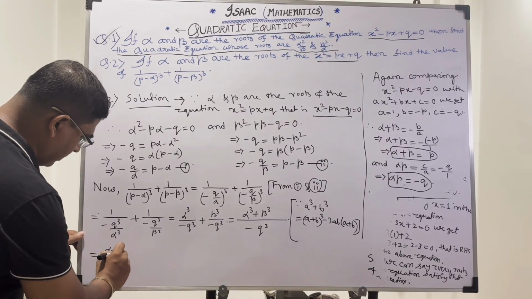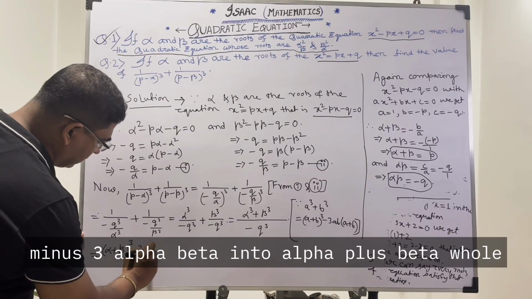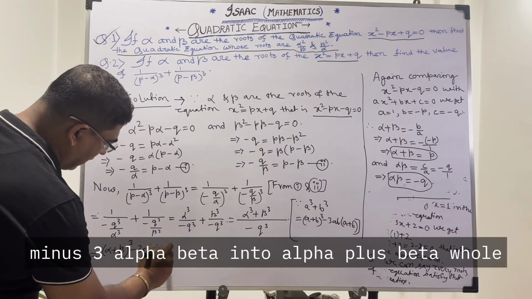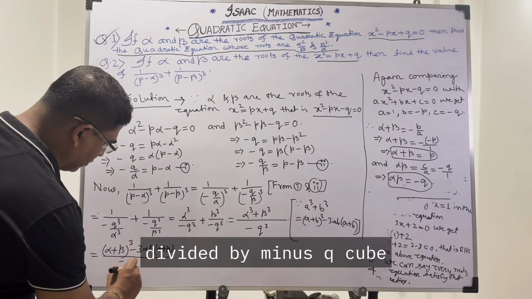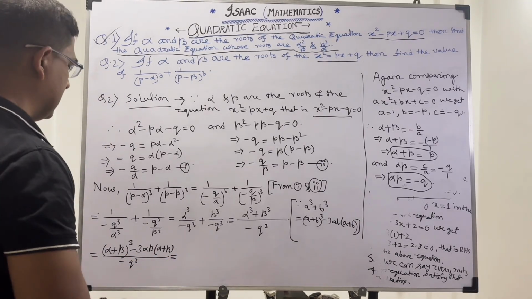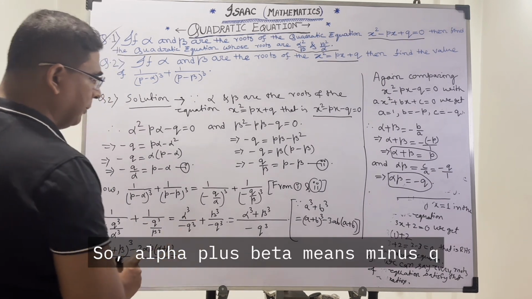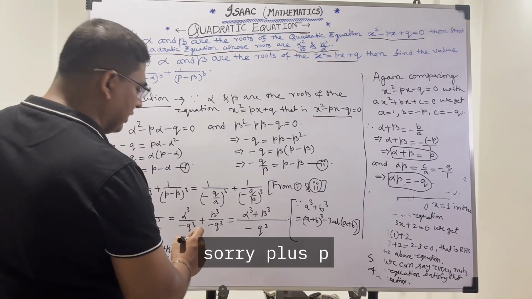So we get alpha plus beta whole cube minus 3 alpha beta into alpha plus beta, whole divided by minus q cube. So alpha plus beta means minus q, sorry, plus p.